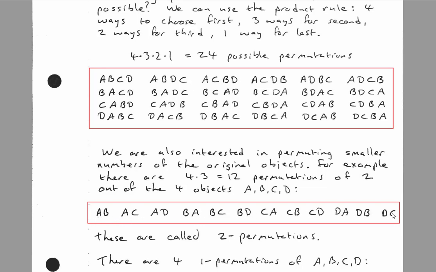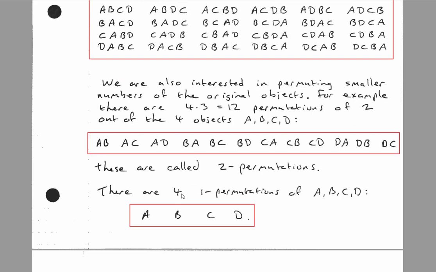Here are the 12. So these are called 2 permutations. We're just using 2 out of the 4. And if you just want 1 permutation, so just choosing 1 out of the 4, well, there's no way to mix up one thing, so you just have 4 permutations of A, B, C, and D.